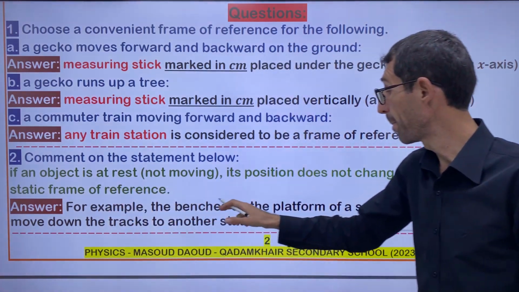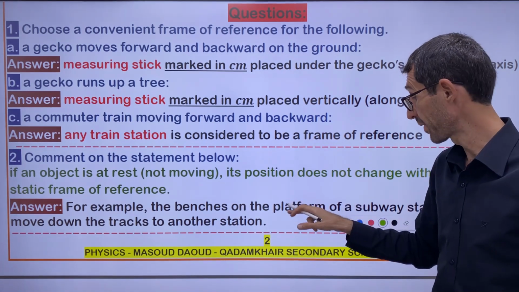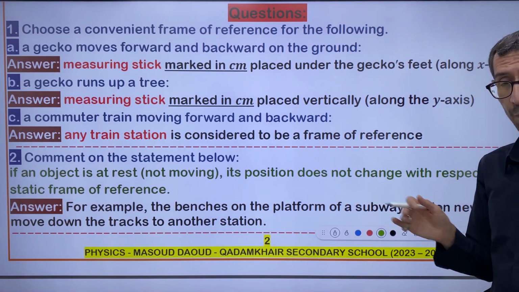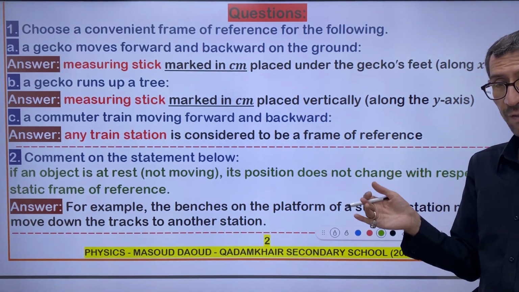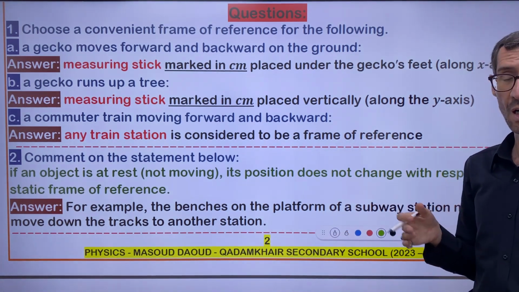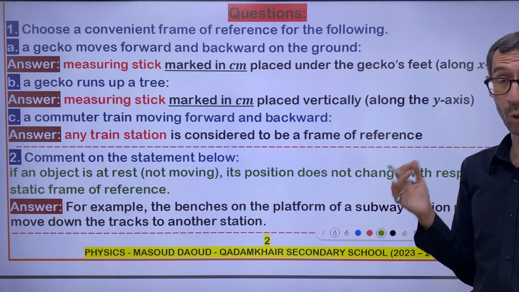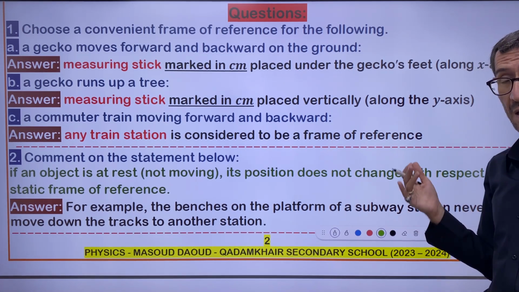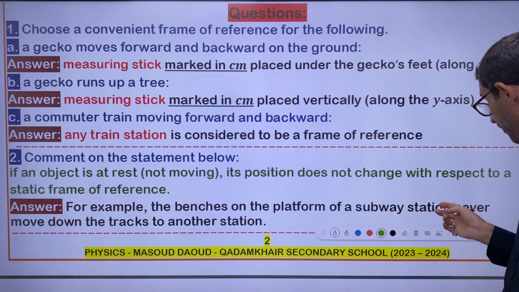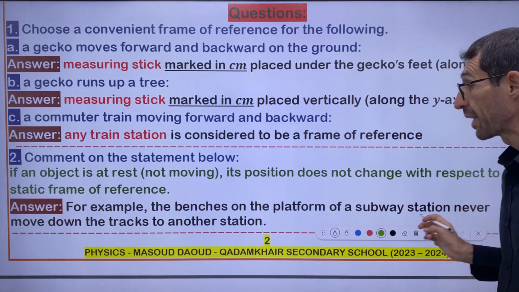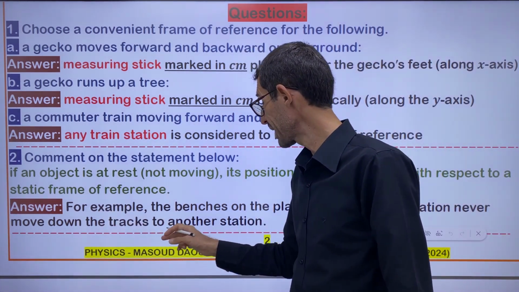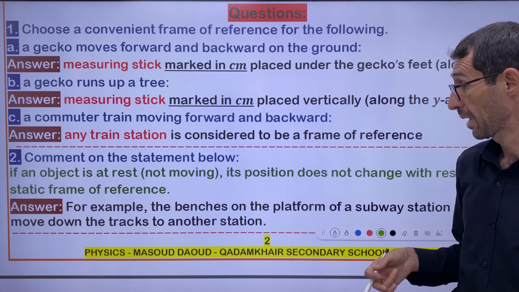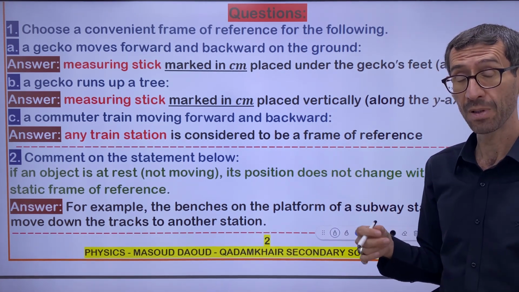For example, think about the benches on the platform of a subway station, or actually a train station. Benches are located on these platforms and never move down the tracks to another station. They don't move because they are at rest. That's why this is the best example.